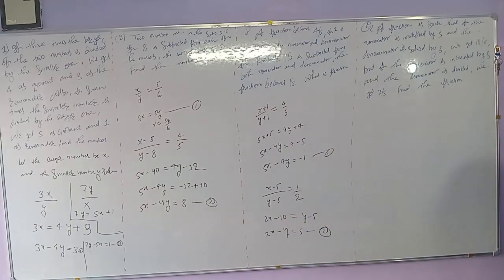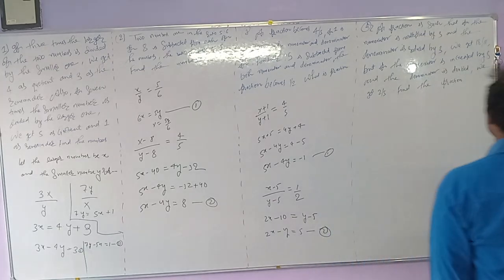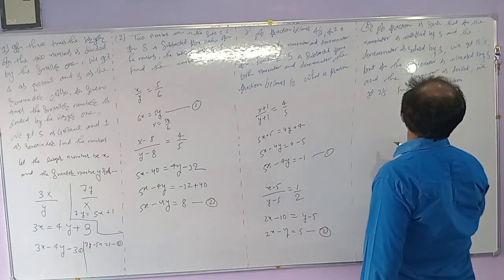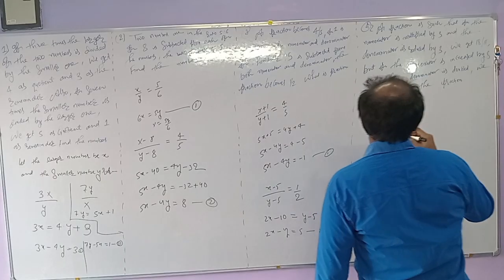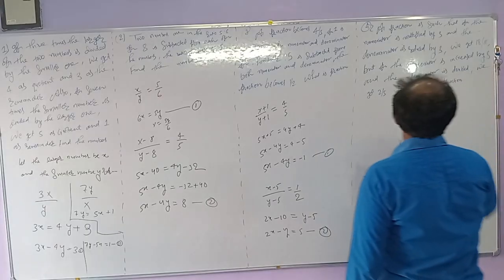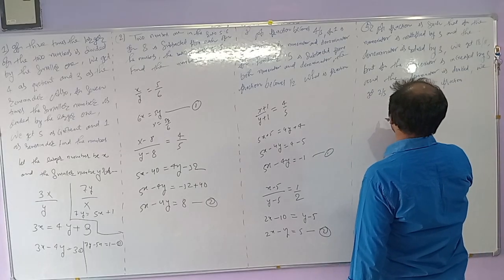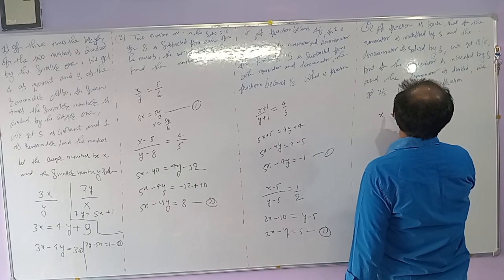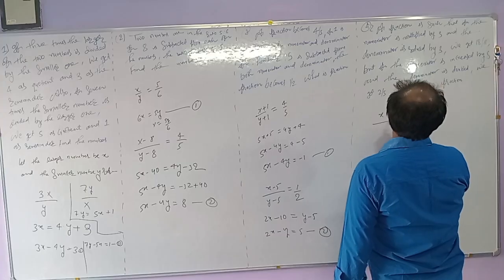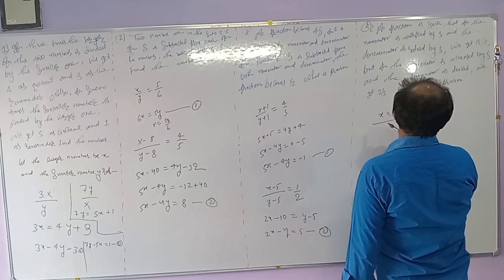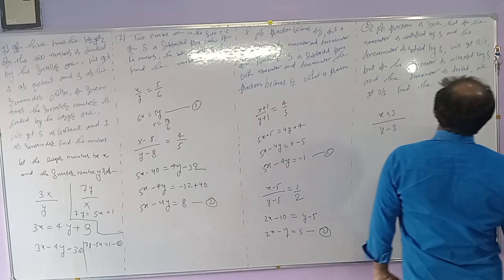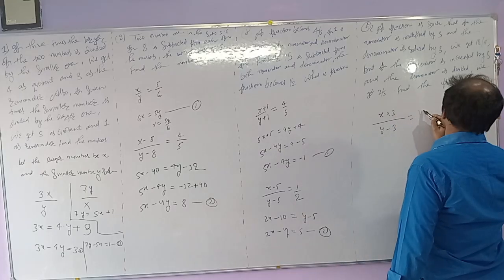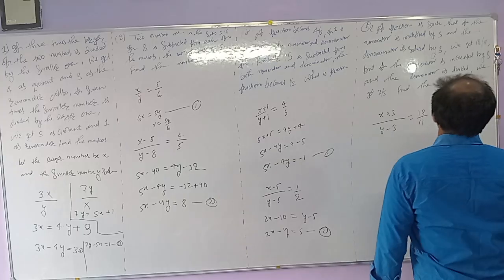In another question, a fraction is such that if the numerator is multiplied by 3 and the denominator is reduced by 3, we get 18 upon 11.